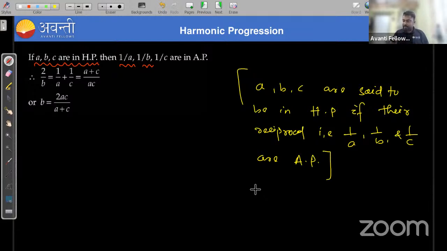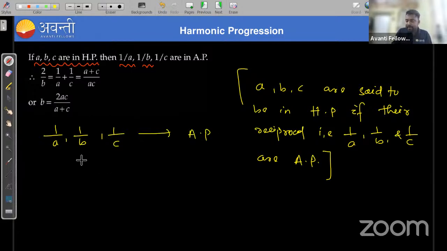Simple, clear? If the reciprocals are in arithmetic progression, that means 1 by A, 1 by B, and 1 by C are in AP.